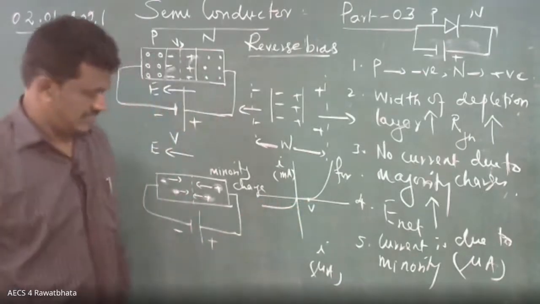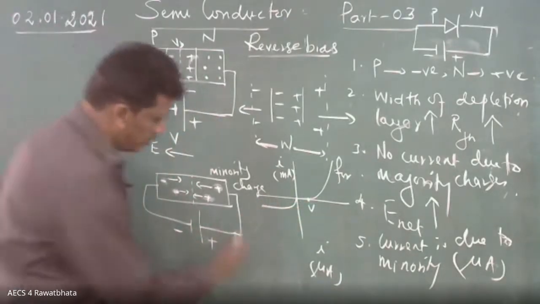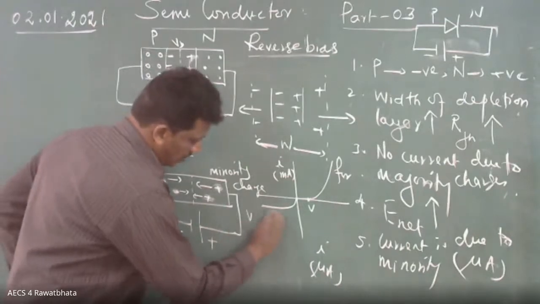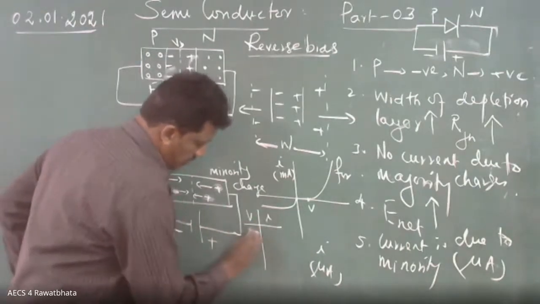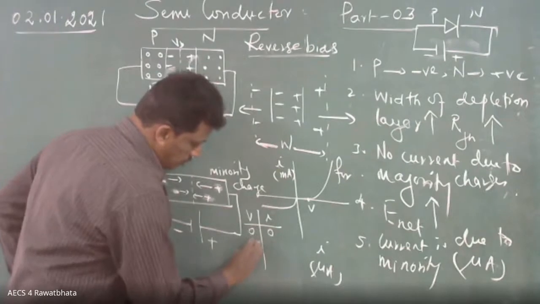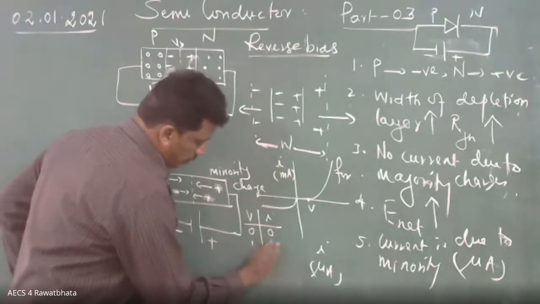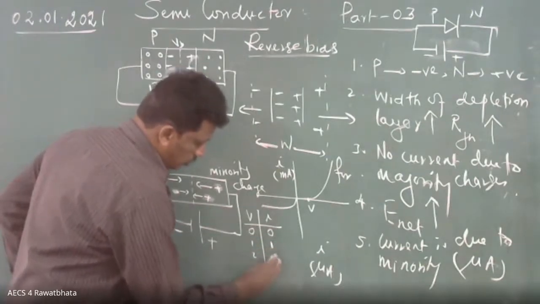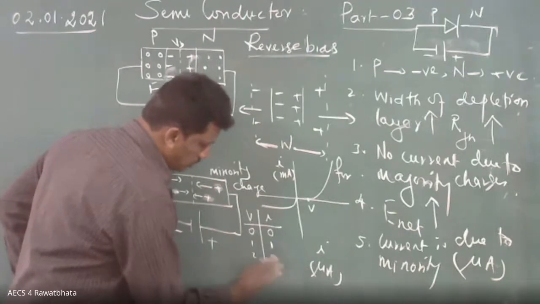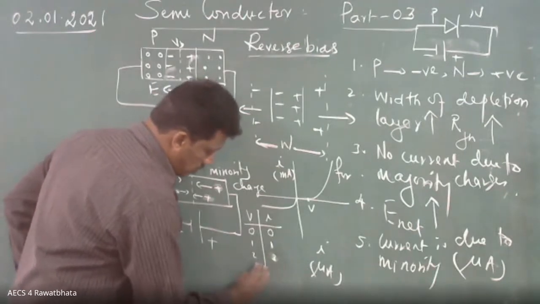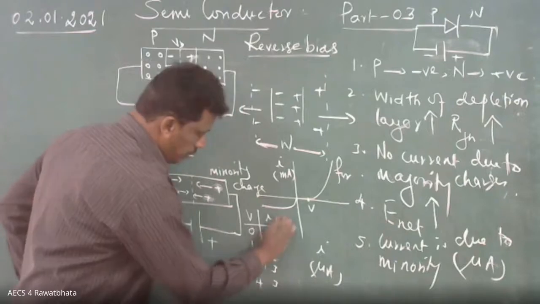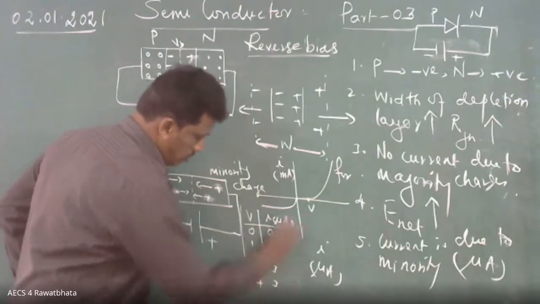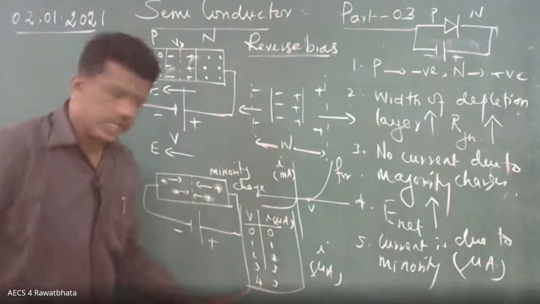Yes. Can I give the table for V, I: V is 0, 0, 1, 1, 2, suppose 2 volt or 3, no problem, 3, 4, here 3 microampere. This is visible? Yes.